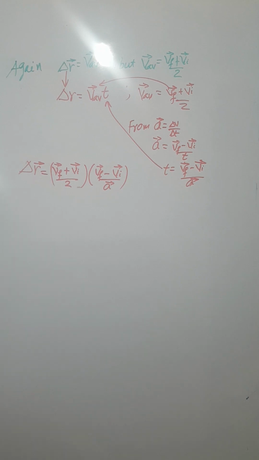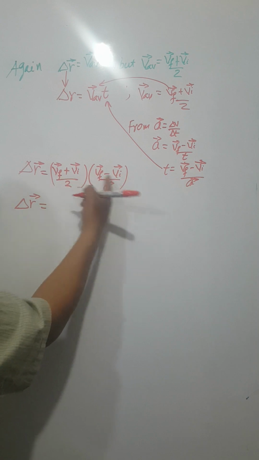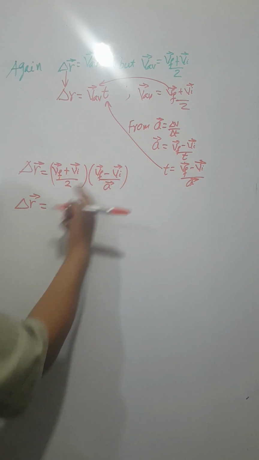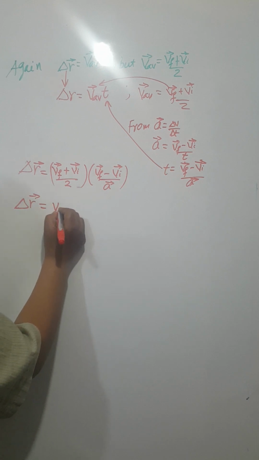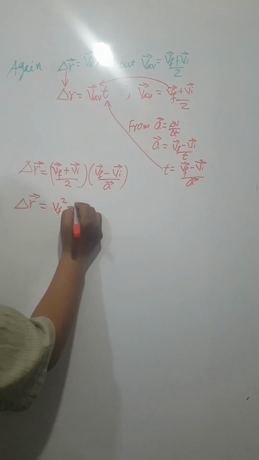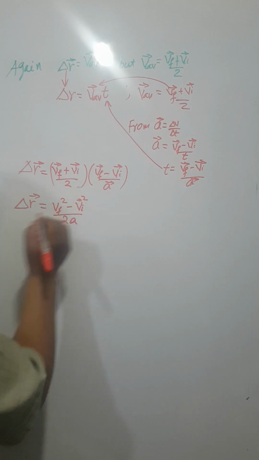Now this change in R is equal to the product of VF plus VI and VF minus VI, which is VF squared minus VI squared, divided by 2A.